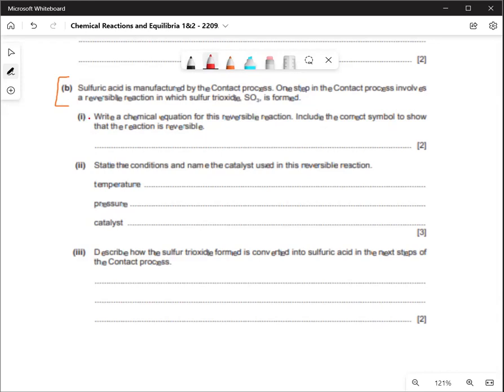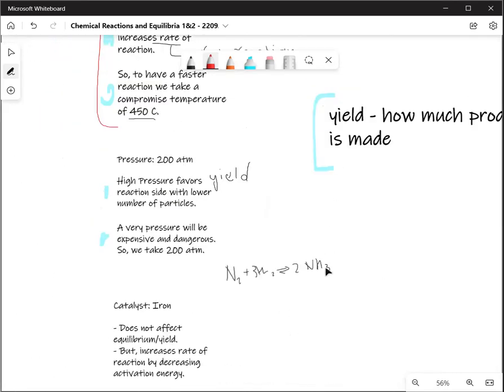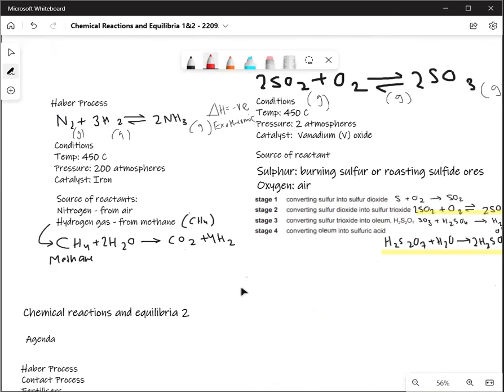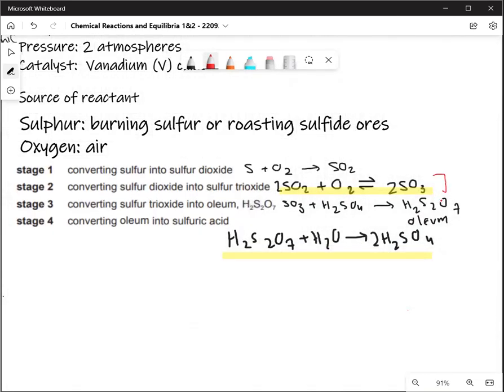Check your notebook. Which stage has SO3? SO3 is formed. Then what do we have to write? Check your notebook, I'll show you where it is. Look, this one, stage 2. SO2.